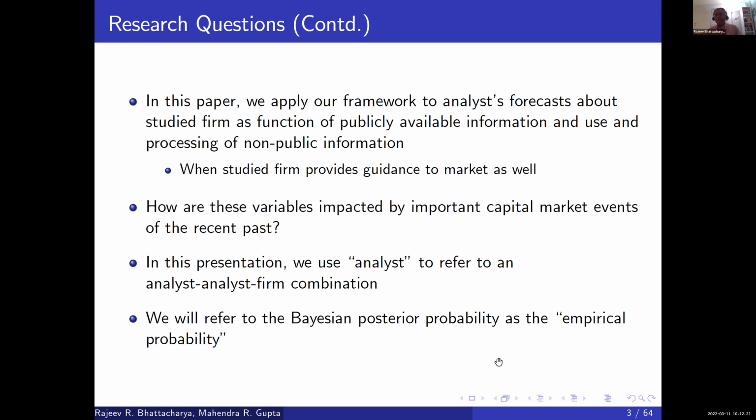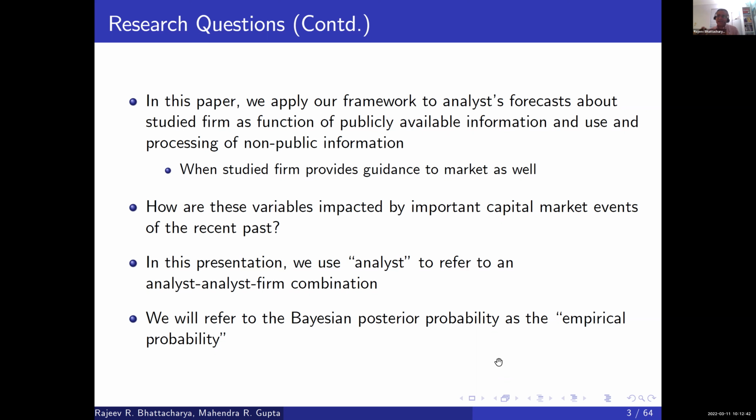Because of data limitations, IBES's mapping to analysts and analyst firms is notoriously unreliable. We are not able to separate out the analyst and the analyst firm, so we are using the analyst firm combination as the J of our model.